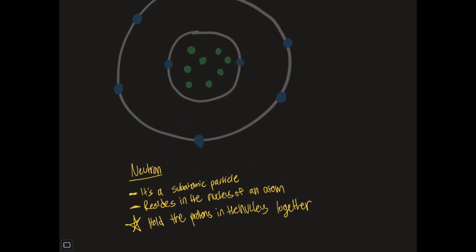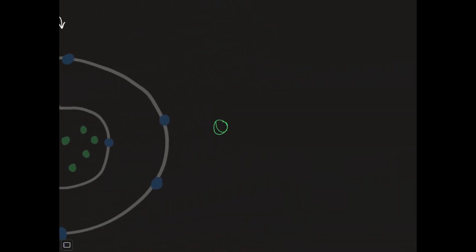Because when two subatomic particles of the same charge interact, they're going to repel each other, right? So they're just going to go away, and that's going to essentially break apart the nucleus, and we're not going to have oxygen, right?